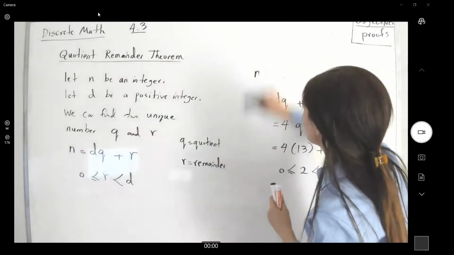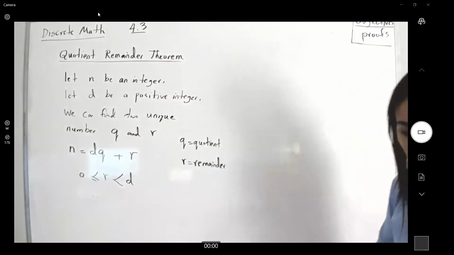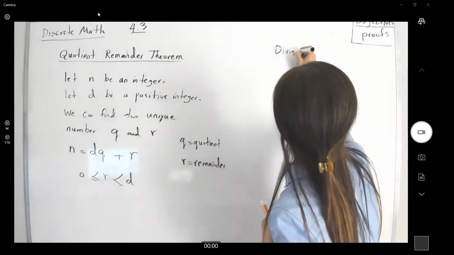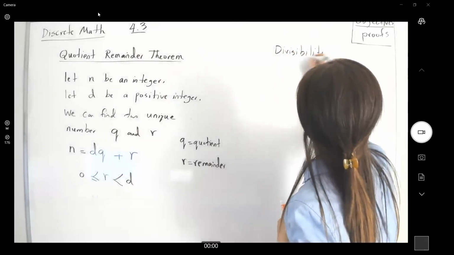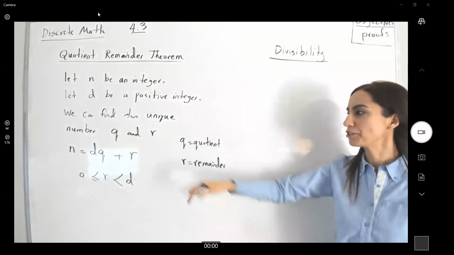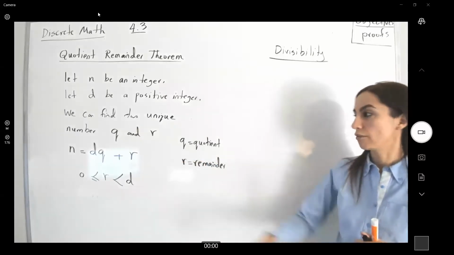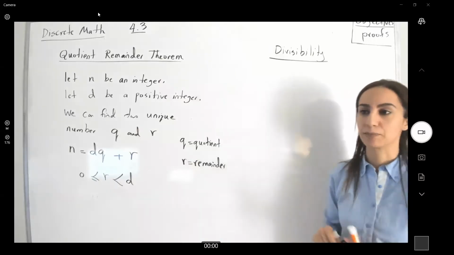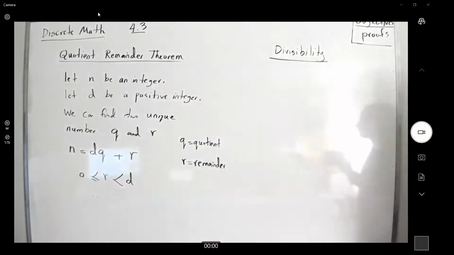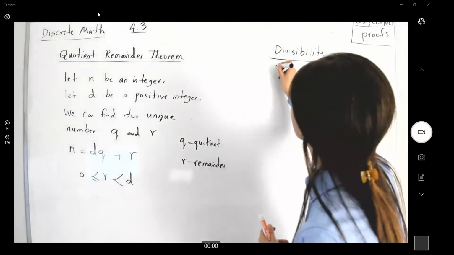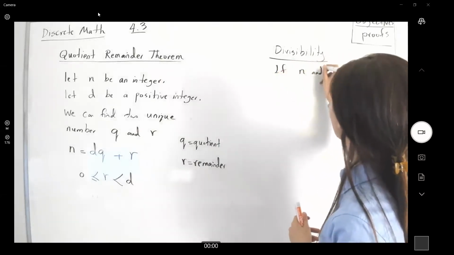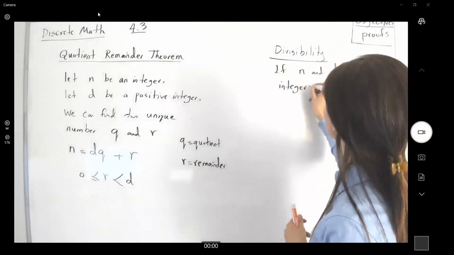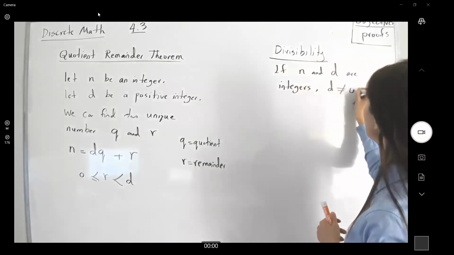After the quotient remainder theorem, what comes along is divisibility. So if the remainder is equal to 0, we say that d divides n, or n is a multiple of d. So we say that if n and d are integers, note that d cannot be equal to 0.